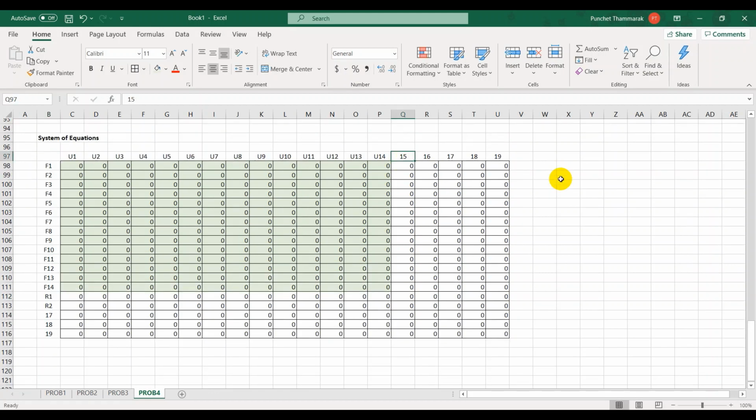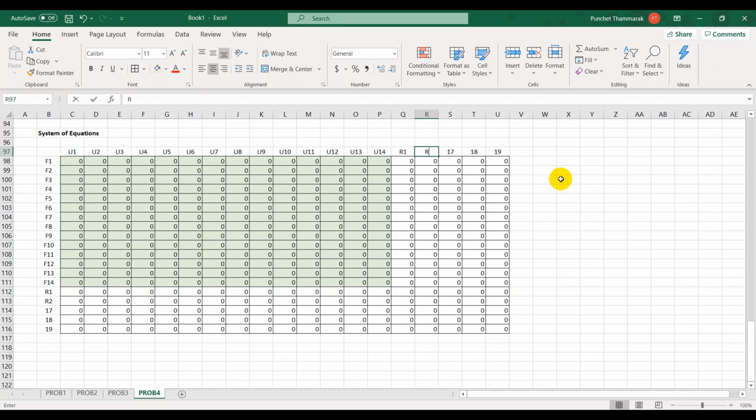Sorry, I should keep it here. R1, R2, R13 and R14. On this side it's gonna be all 0 basically. Okay.